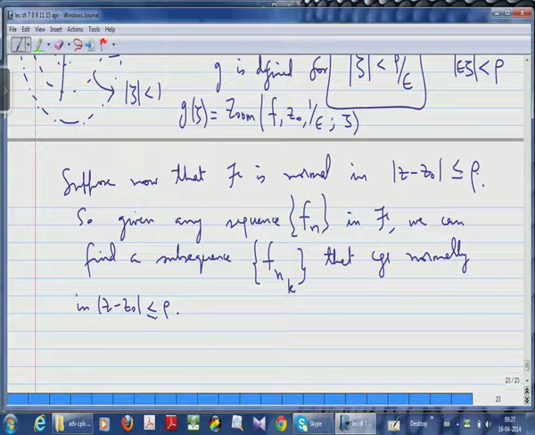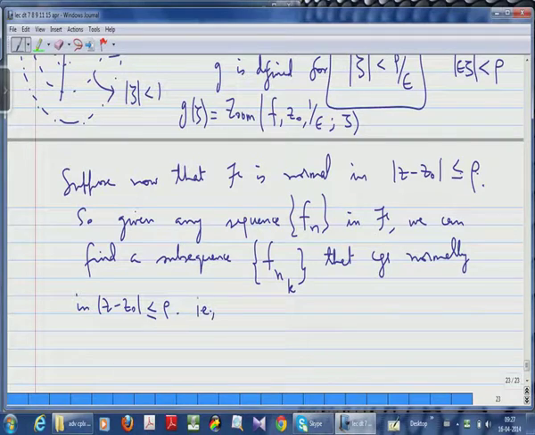I can put less than or equal to. In fact mod z minus z0 less than or equal to rho is actually compact, and therefore it will converge even uniformly there. So this subsequence fnk of z will go to some function f of z, and f is a normal limit of meromorphic functions.